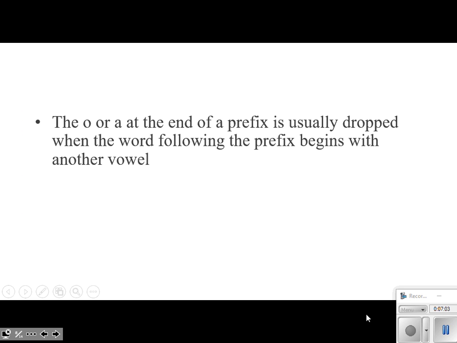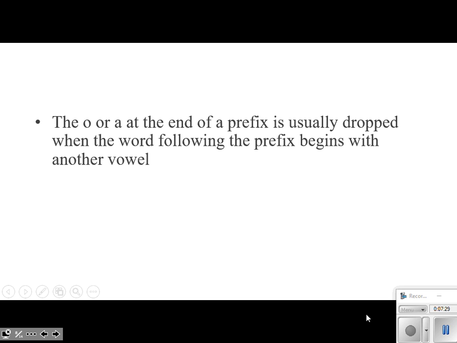Now here's a key part two that you should already have. The O or the A at the end of a prefix is usually dropped when the word following the prefix begins with another vowel. Now that said, the O and the A, did it say the I?